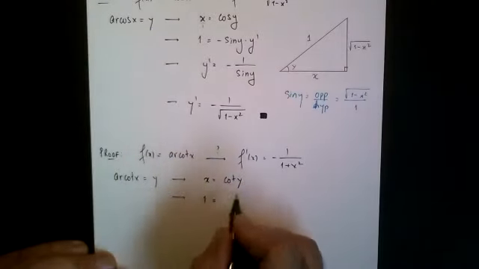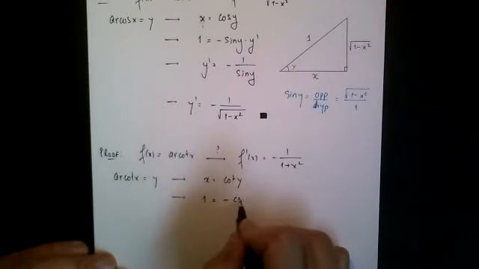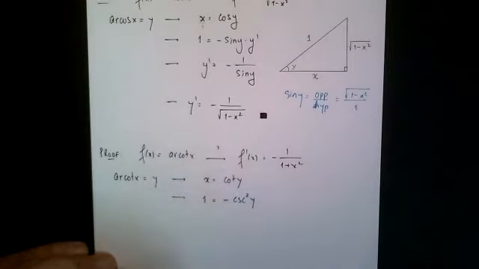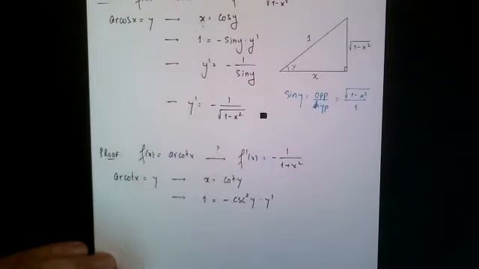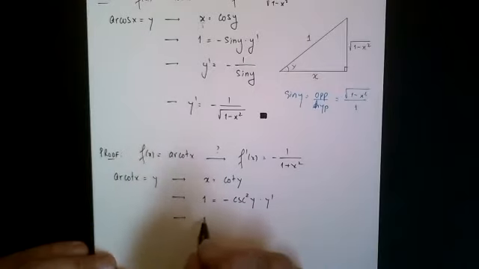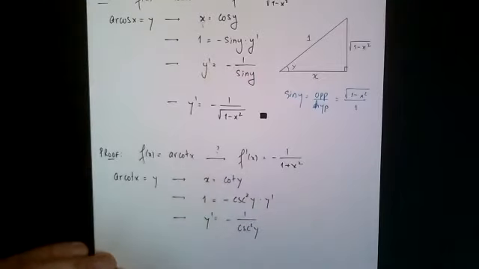Derivative: 1 equals, the derivative of cotangent is negative cosecant squared y times y prime. And so y prime is negative 1 over cosecant squared y.